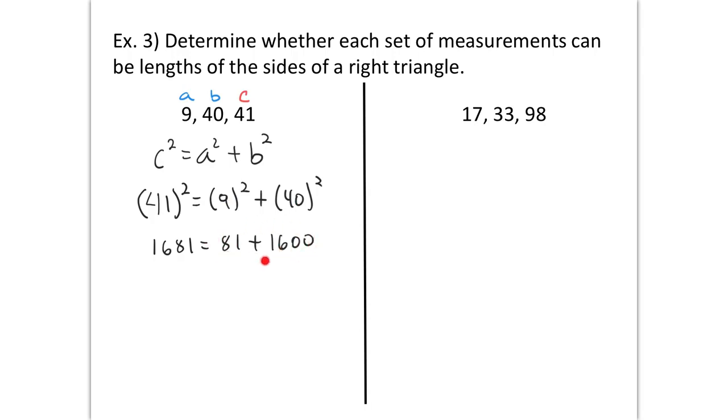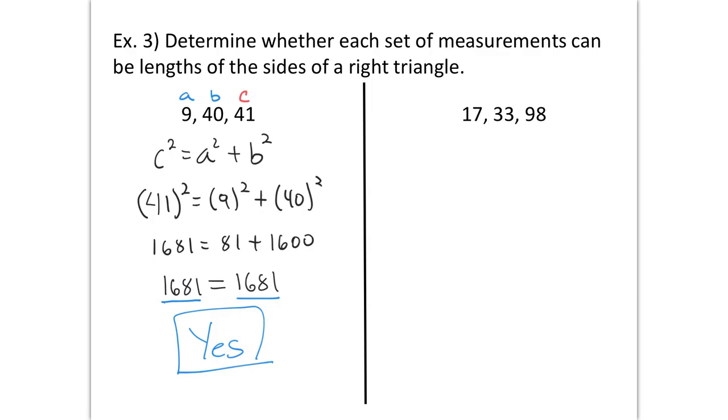Now you add the right side of the equation, and we get a true statement. These are equal. 1681 equals 1681. So do those measurements actually belong to a right triangle? Yes, they do.